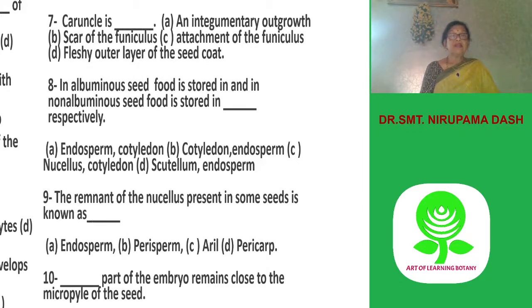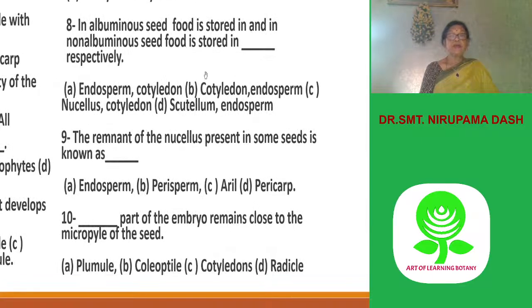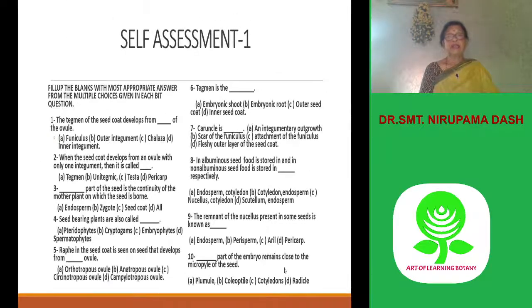The remnant of nucellus present in the seed is known as perisperm, that is B. Then tenth question, dash part of the embryo remains close to the micropyle of the seed. The choices are plumule, coleoptile, cotyledon, radicle. Here the correct answer is radicle, D.